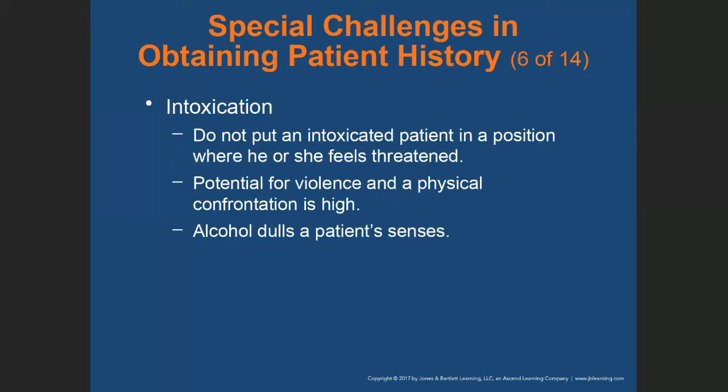Right. Now, intoxication. So the intoxicated patient. Do not put an intoxicated patient in a position where he or she feels threatened. The potential for violence and physical confrontation is very high. Alcohol dulls the patient's senses. And again, maintain that preferred distance and communicate.